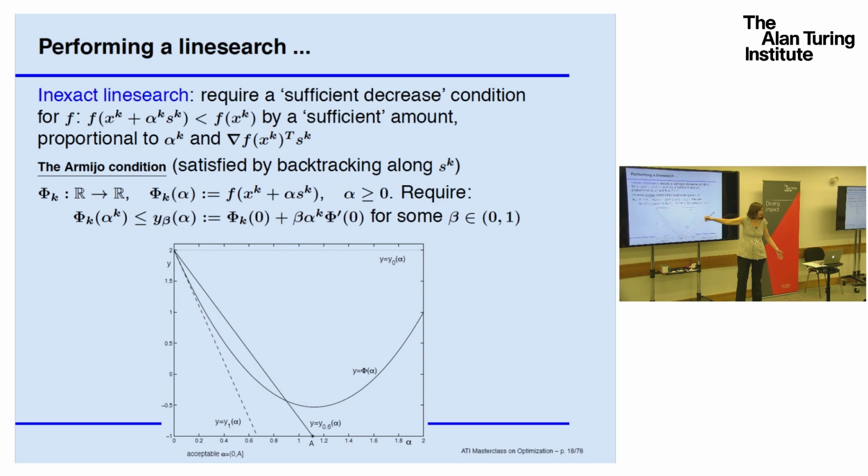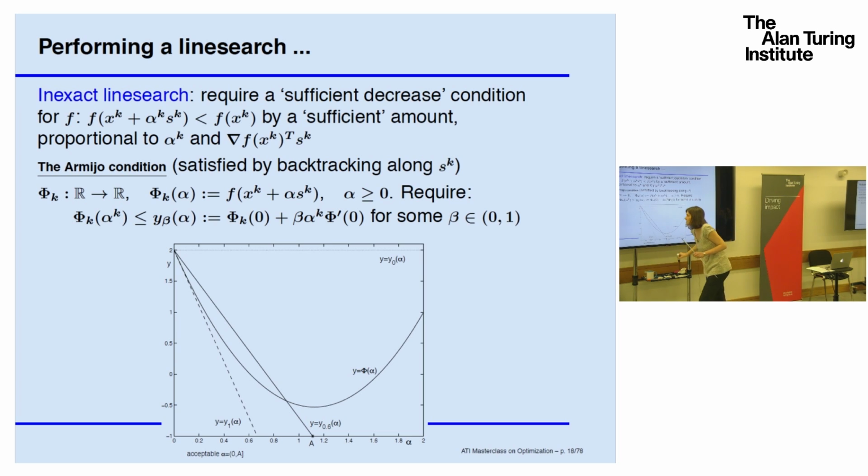Okay, alpha equals 0 satisfies this, right? But of course, I'm not going to choose it to be 0. But anything that's below this will be fine, actually. Anything in here will be fine. Anything here will be fine. And in fact, if I had my function oscillating, I get this kind of disjoint intervals. Okay?